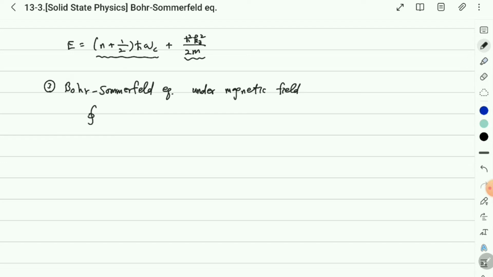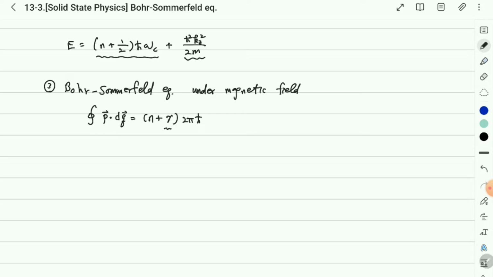The Bohr-Sommerfeld equation says that the closed-path integration of p dq in the p-q space is quantized like (n + γ) 2πħ. Here γ is the phase factor, and we can choose it arbitrarily.